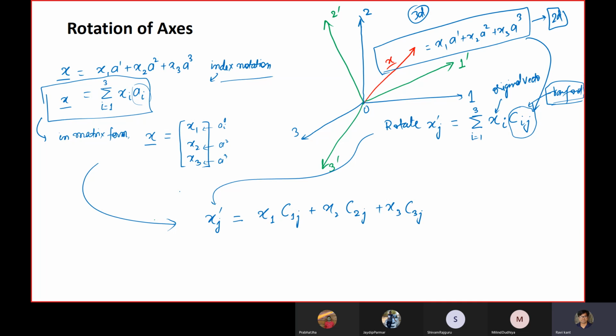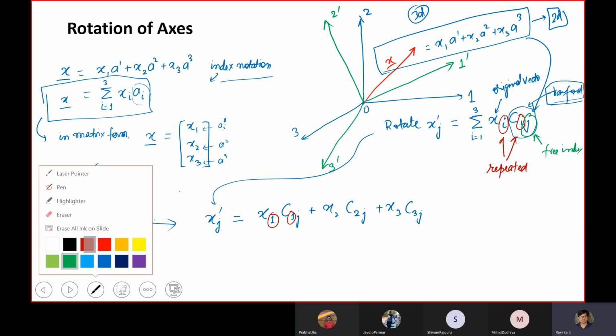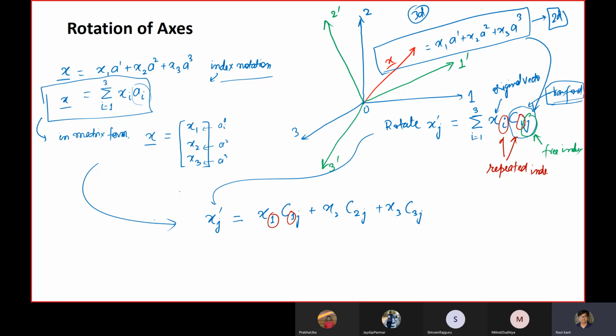Okay, notice that here there are 2-3 things. Notice that the index i is repeated, and this j index is a free index, and this is your repeated index.